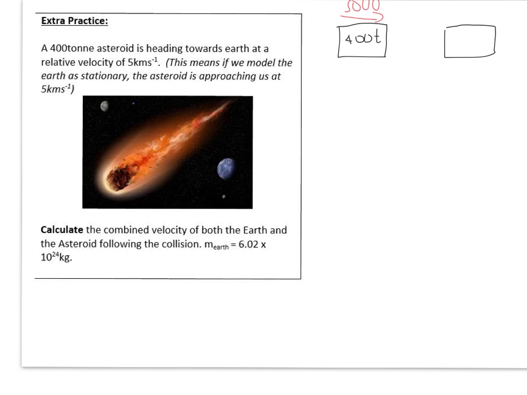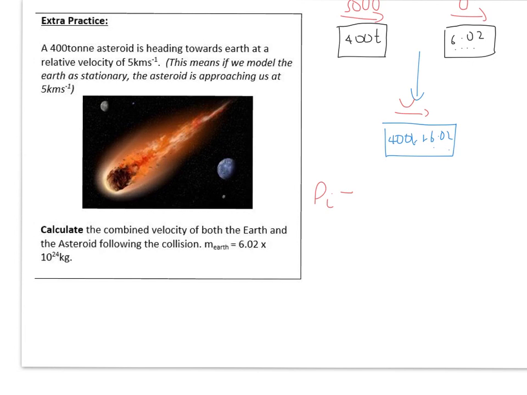And if we look it up, we've got the mass of the Earth, 6.02 and so on. And it says we're going to model it as being stationary. And then we're going to end up with the two objects combined together, so we add the masses together, and now that's going to be travelling at a velocity of v.